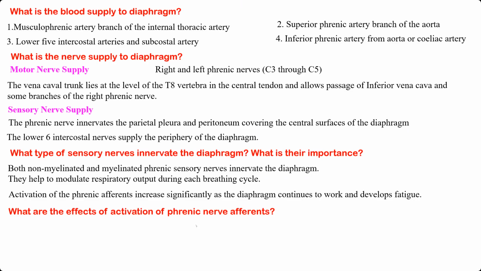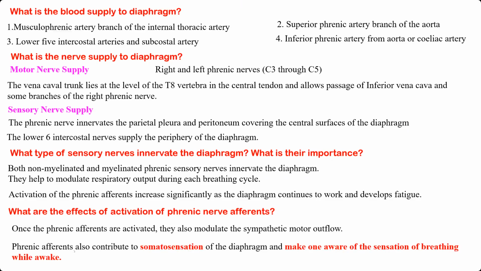Activation of phrenic nerve afferents also modulates the sympathetic motor outflow. And phrenic afferents also contribute to the sensation of breathing and make one aware of it. Normally, we are not aware of our respiration unless we go into some difficulty, which is called dyspnea.